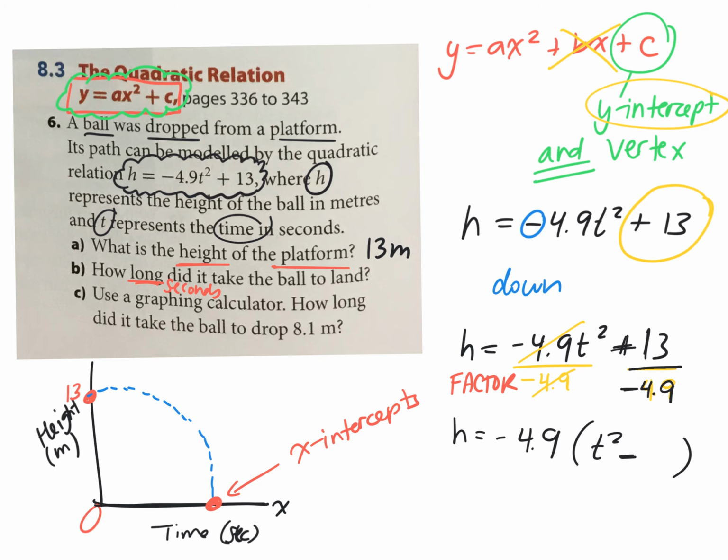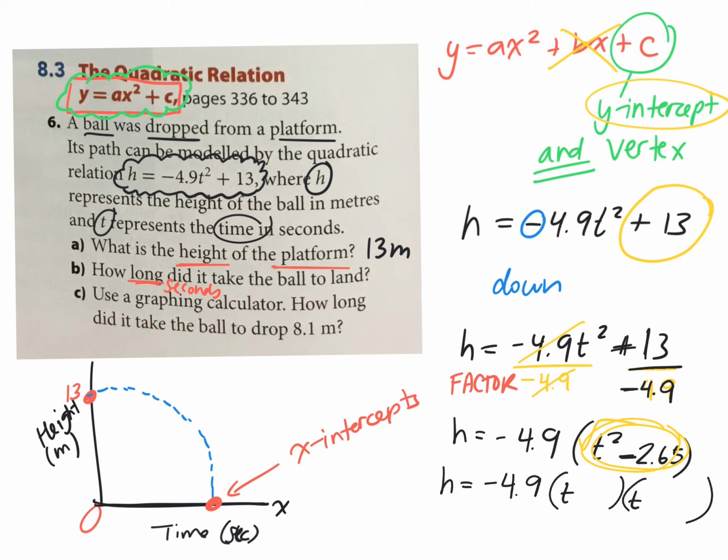What do you get? 2.65. Okay? How do I factor this now? H equals, we have the negative 4.9 there, but now we're going to figure out what that is in factored form. Well, what's the square root of t squared?